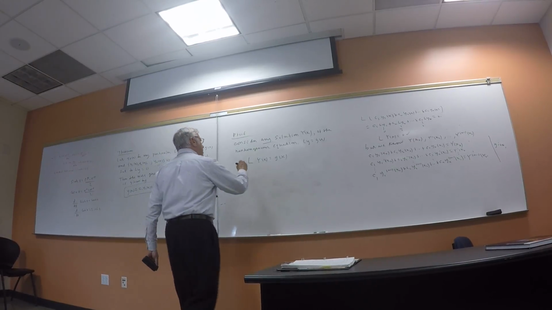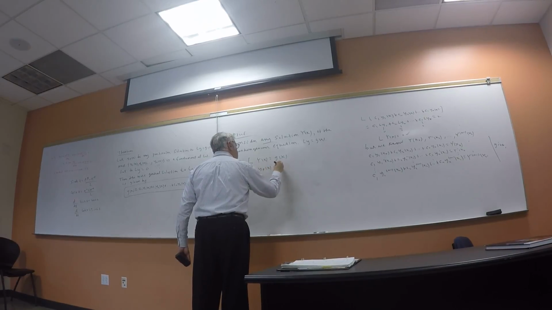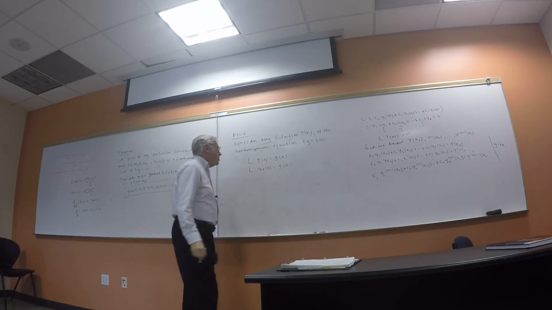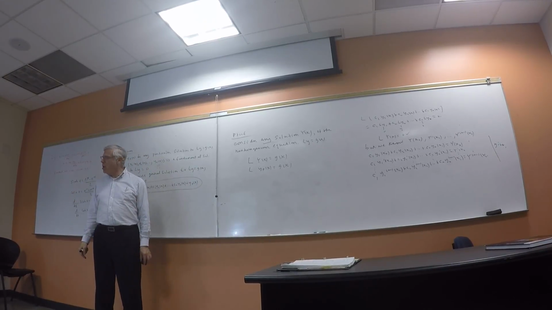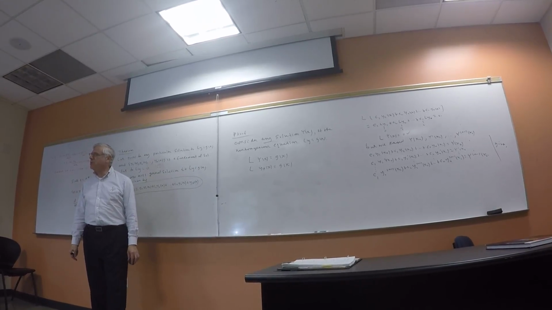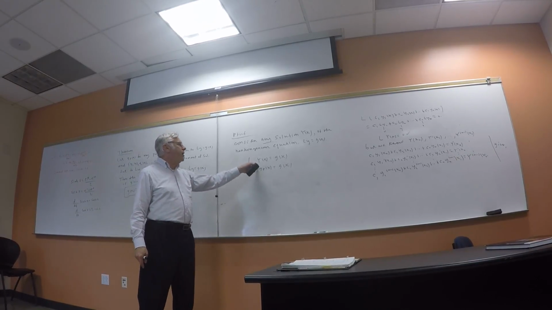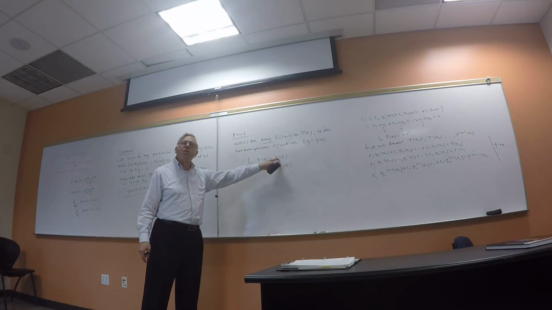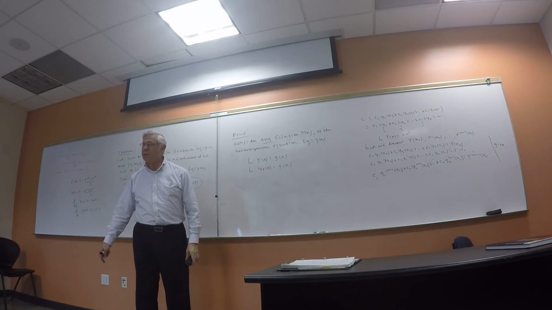So we have L operating on y particular of x is equal to g of x. Now, does that mean that little y particular and his big Y are the same? No, it's not the same. Remember, I said it could be completely different. But we do know that his big Y of x is a solution to the inhomogeneous equation, and our y sub p of x is also a solution.